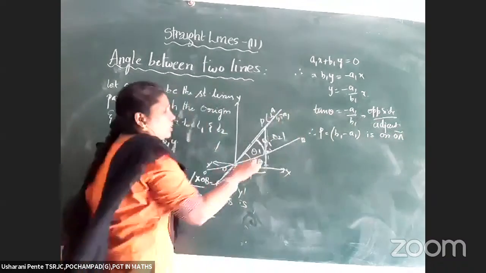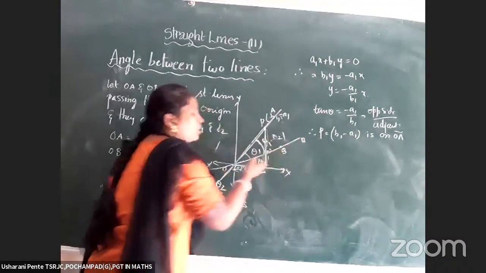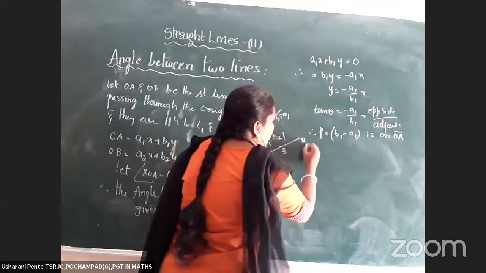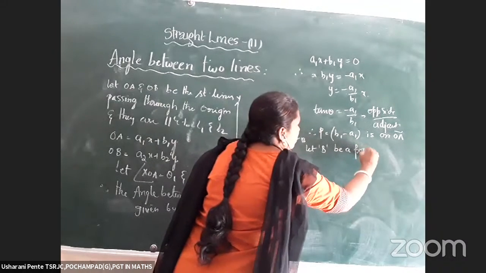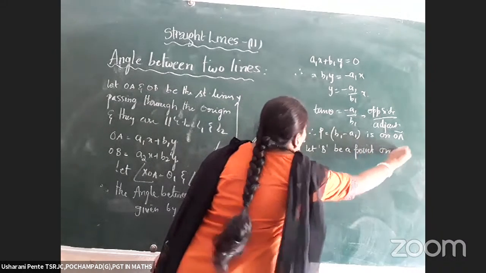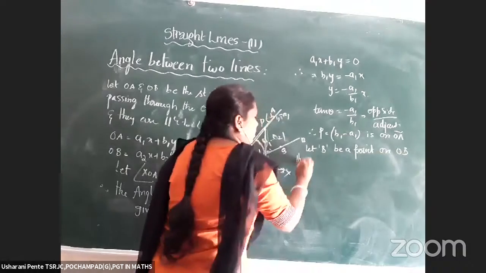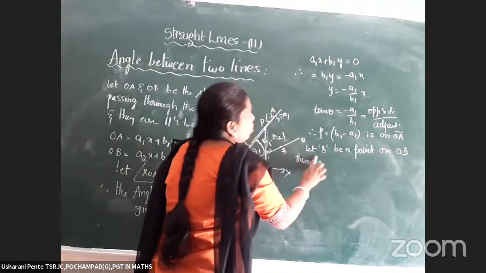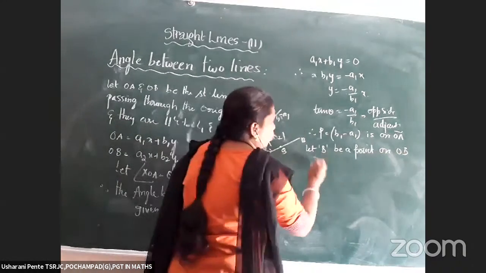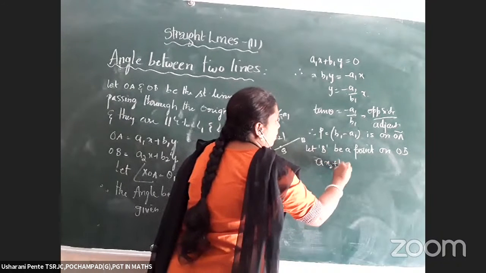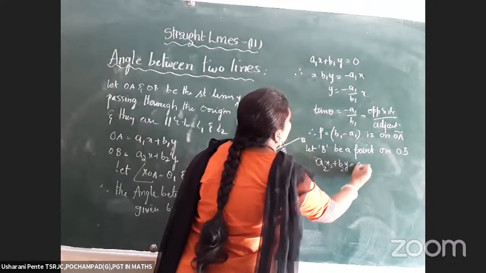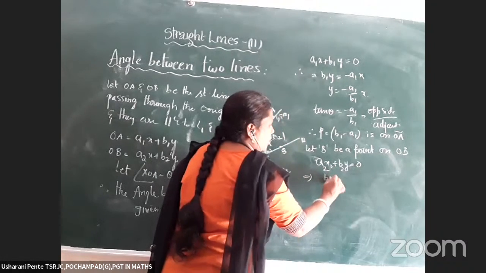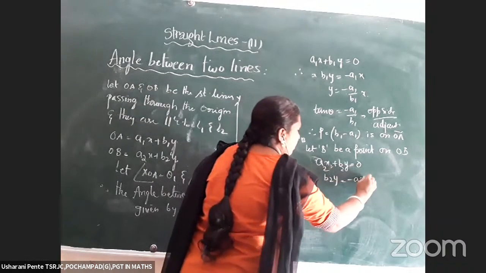Then what about if I consider point Q? Let Q be a point on OB. How can we get that? The OB line is A2x plus B2y is equal to 0. This implies that B2y is equal to minus A2x.